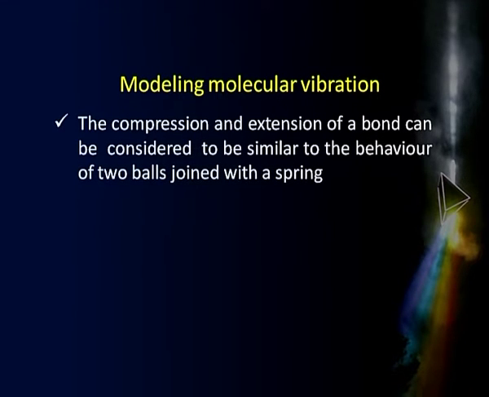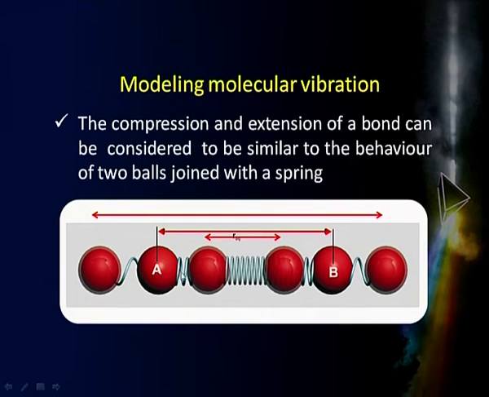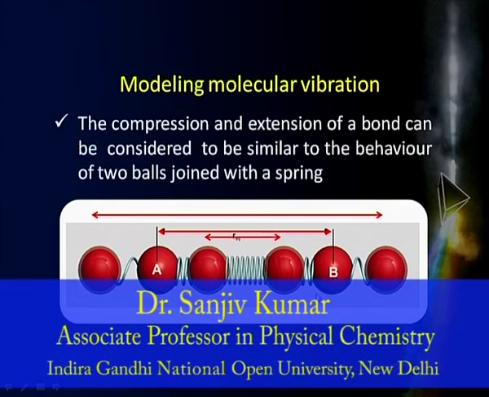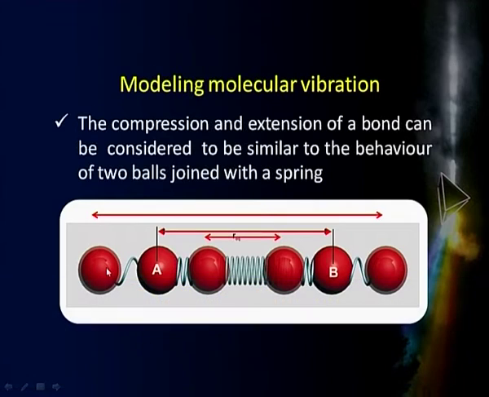Let us see pictorially how we represent that. Suppose there are two atoms A and B, linked together by a spring. If I stretch the spring, B comes somewhere here, A comes somewhere here, that means you are just expanding it, or you contract it. That is the kind of motion we are talking about.